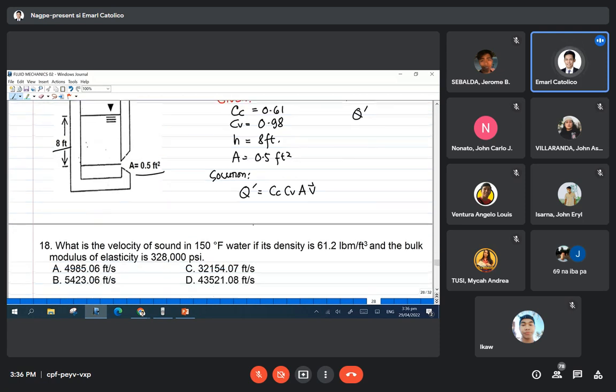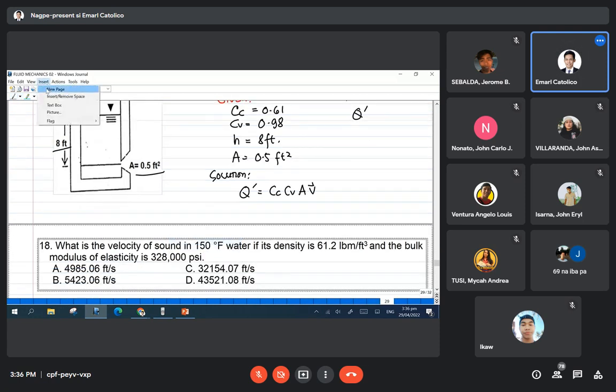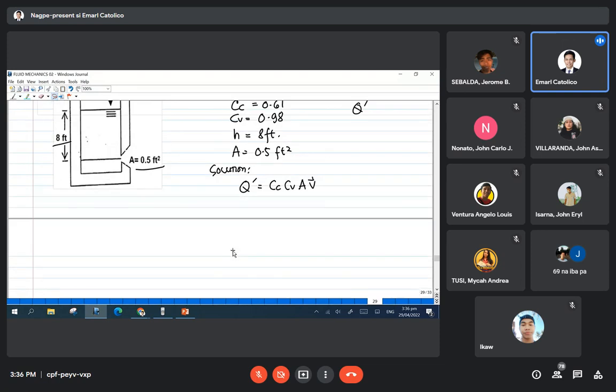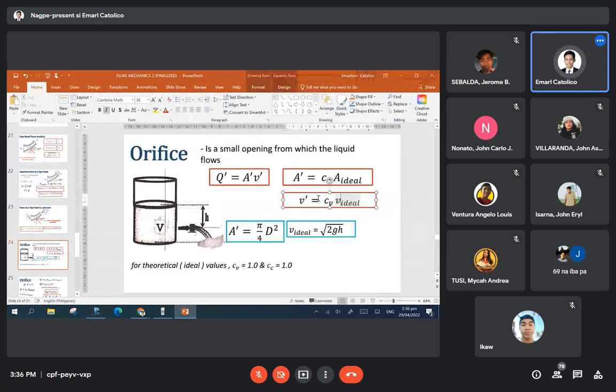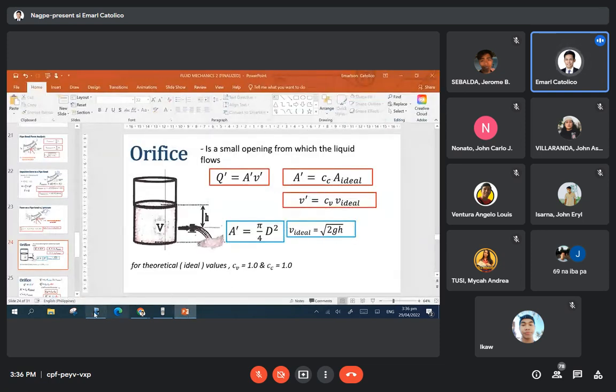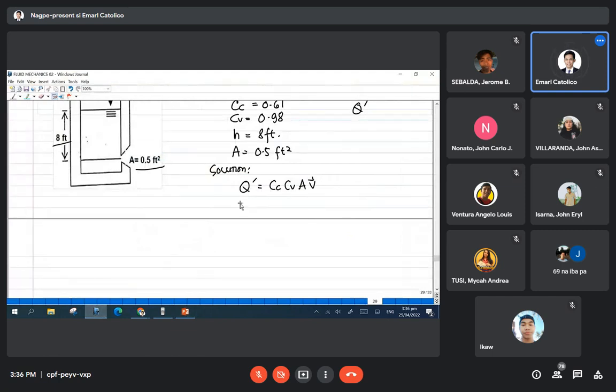Wala pala tayong velocity. So, si velocity, pwede mo siyang i-write as square root of 2gh. So, therefore, Q prime is CC times CV times area times square root of 2gh since height ang given natin.